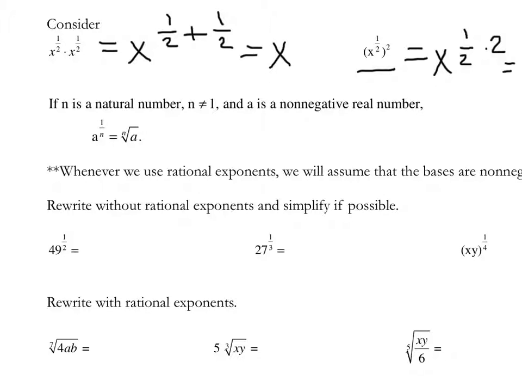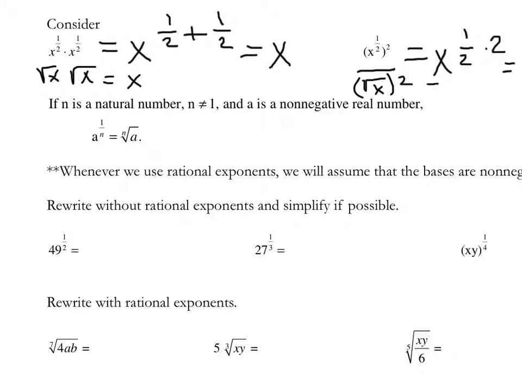So when we had x to the 1/2 times x to the 1/2, that really meant the square root of x times the square root of x. And so of course when we multiplied those together, we got x, assuming that x is non-negative. And when we had x to the 1/2 squared, that's like the square root of x squared.